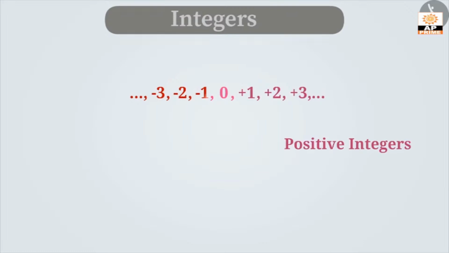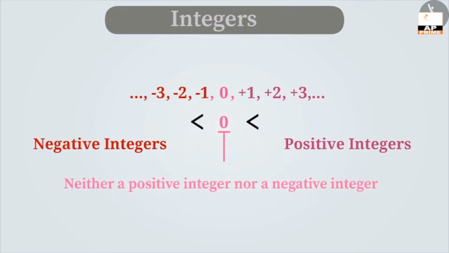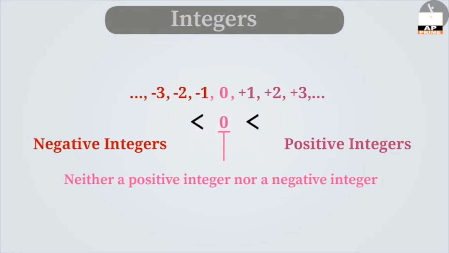Although -1, -2, -3, etc., which have a negative sign, are said to be negative integers. The value of negative integers is less than 0, whereas the value of positive integers is greater than 0. 0 is neither positive nor negative. Therefore, it cannot be represented by any sign.